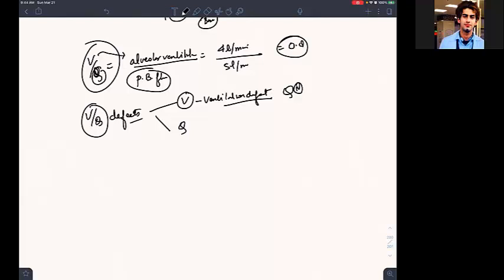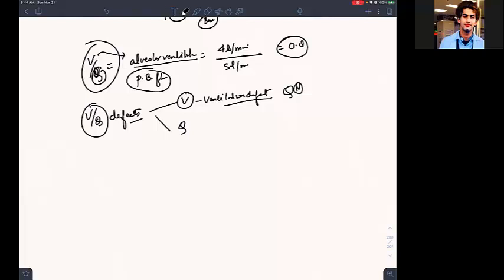Now, what can lead to a ventilation defect? There can be things which are not allowing the oxygen to reach the alveoli. That's why I say I have a ventilation defect.